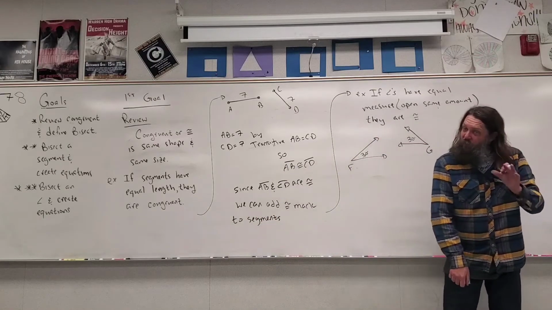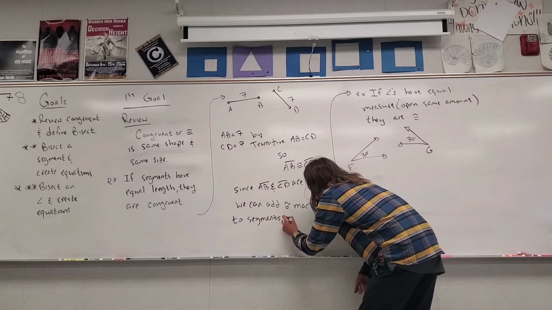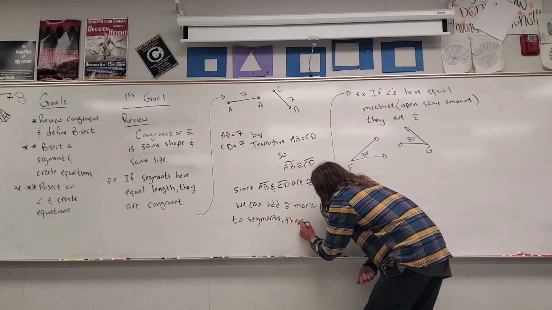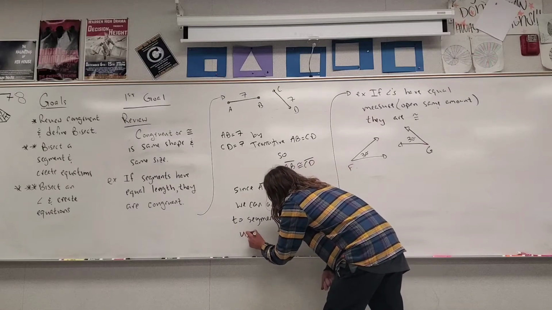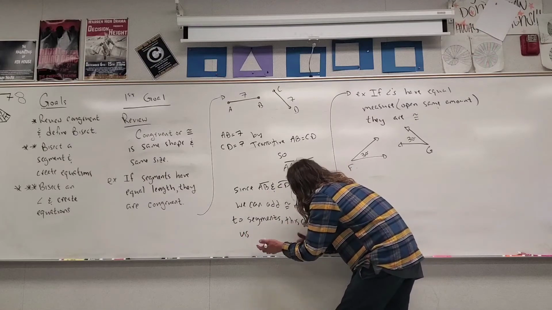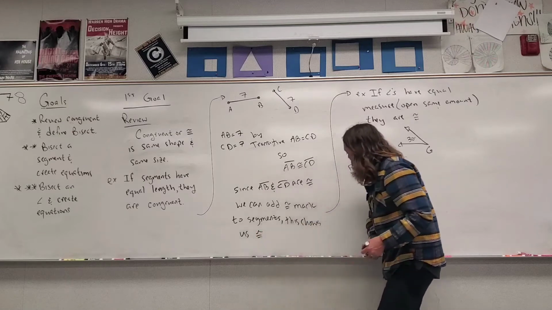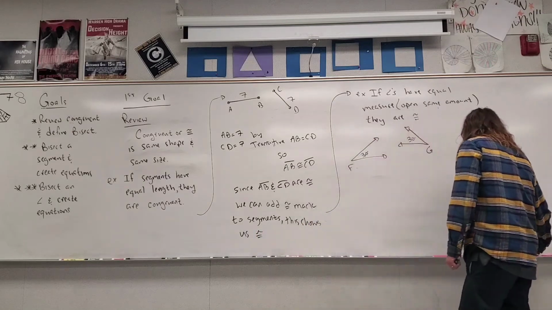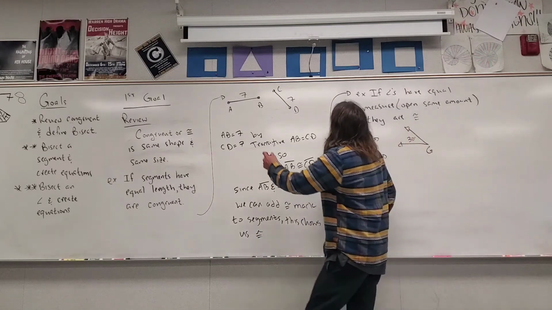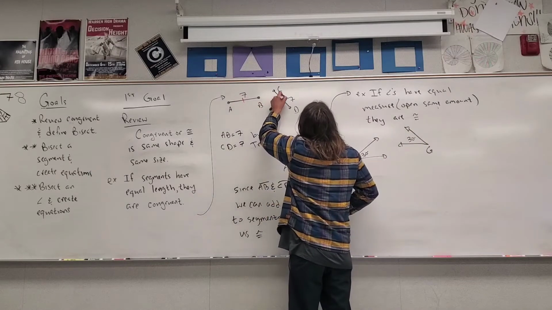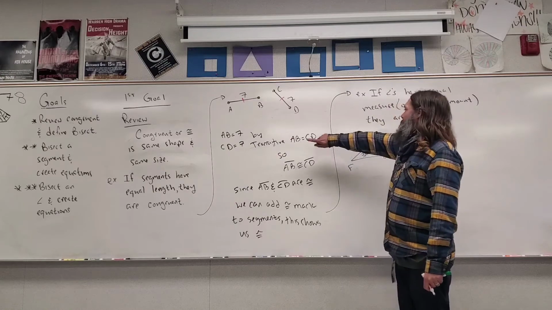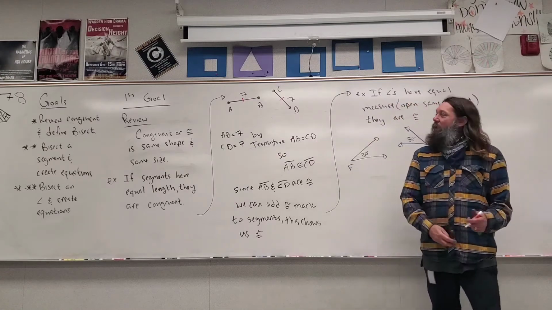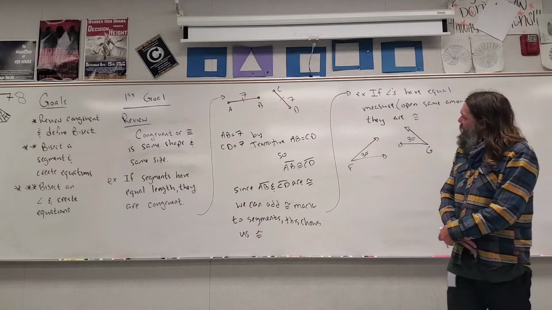This is a way to show congruence. So the congruent mark's really easy to identify. So I put a little red mark there and a little red mark there. I've said that they're congruent, and so since they're congruent, I can conclude they have equal length. All right, so let's move on to the next part.